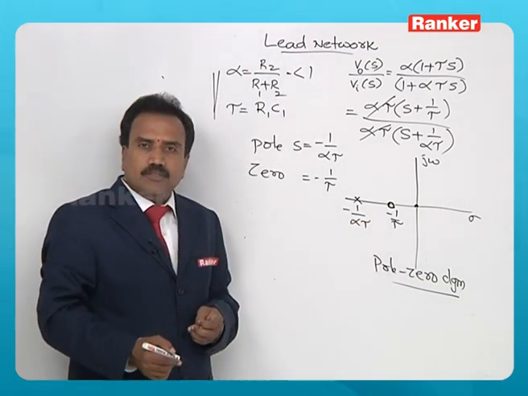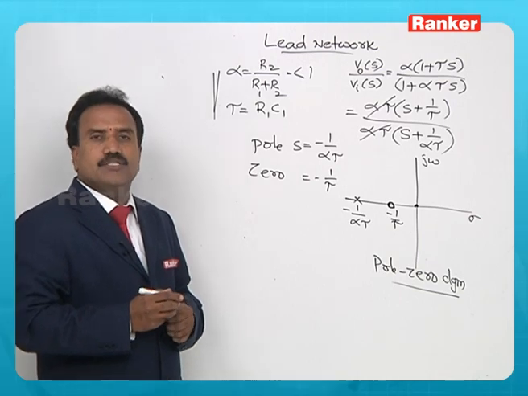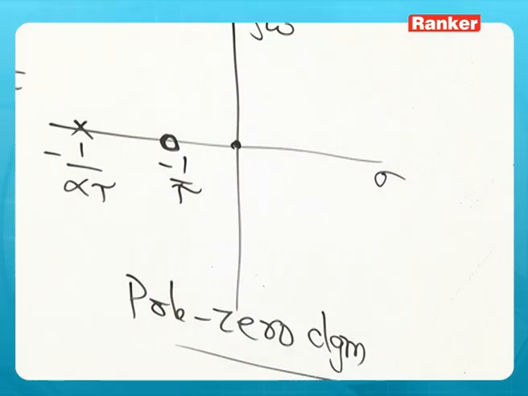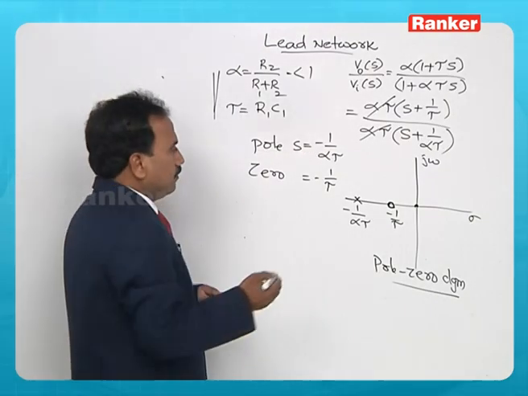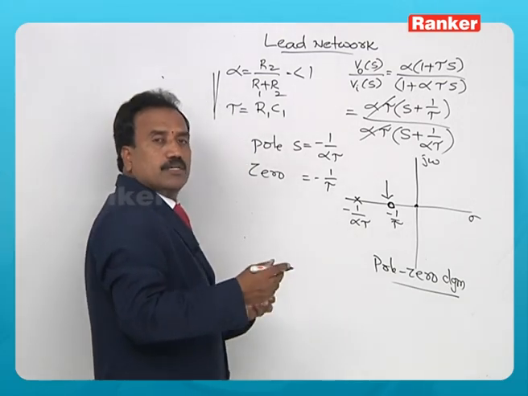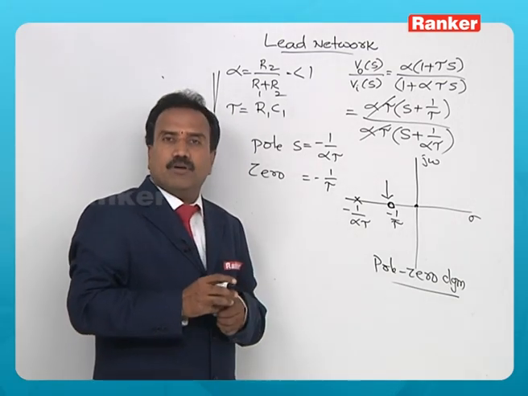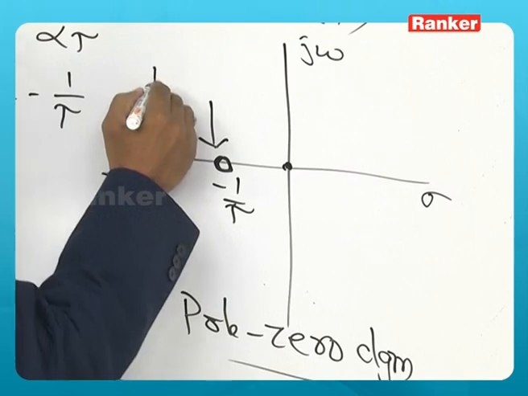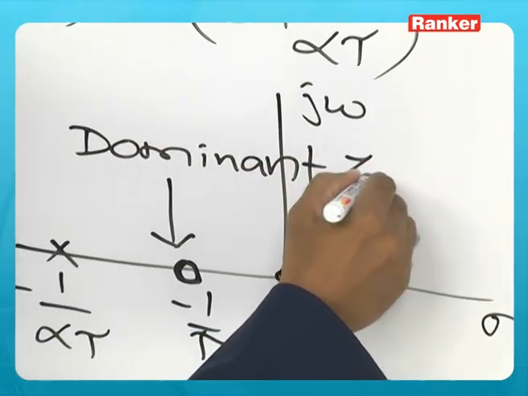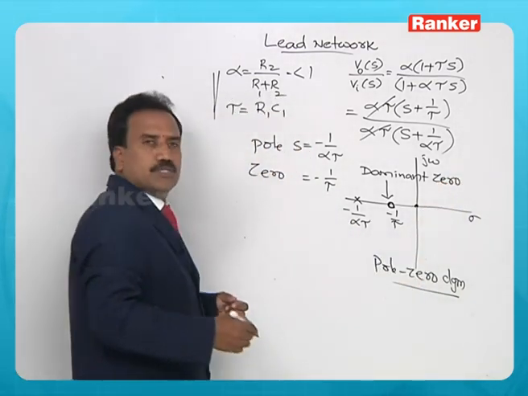So the dominant root here is the zero. Whether pole or zero, when it is close to the origin, we say that it is dominant, meaning it has more effect on system performance. So this is known as the dominant zero because it is closer to the origin.